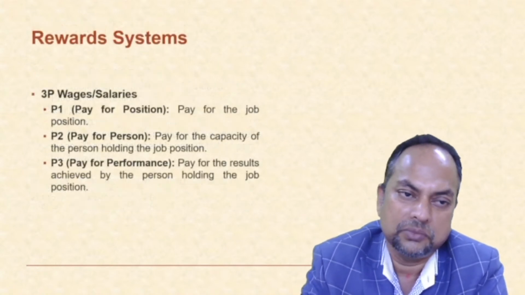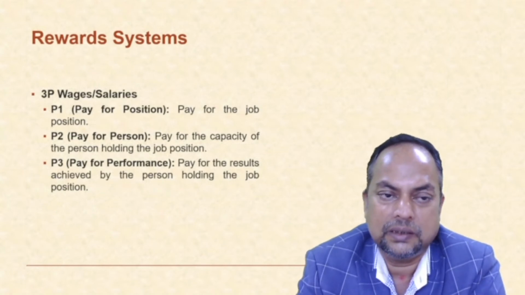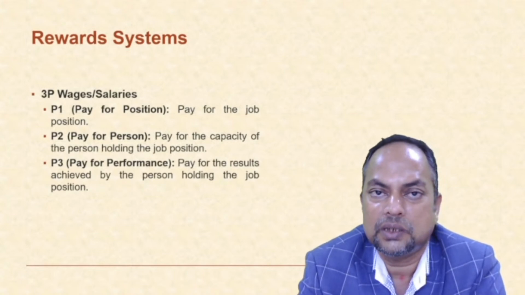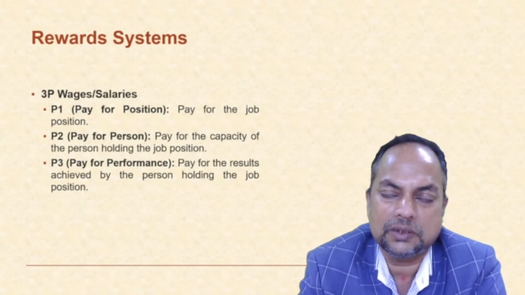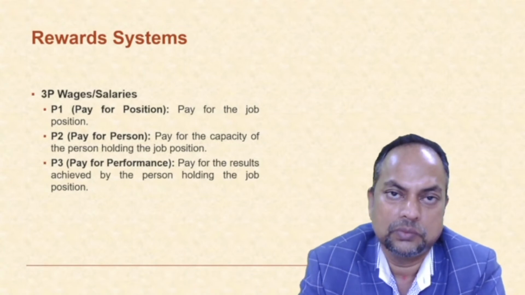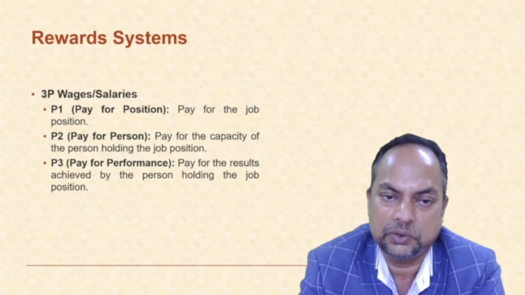And towards the end, let us talk of a trend that is being taken up by organizations nowadays. They call it the three P's of wages and salaries. P1 stands for pay for position. What we ensure is that everyone placed in a particular pay band, in a particular hierarchy, should be paid equally, as per the payment for the job position.